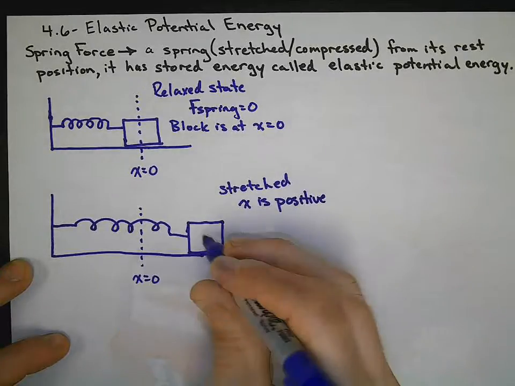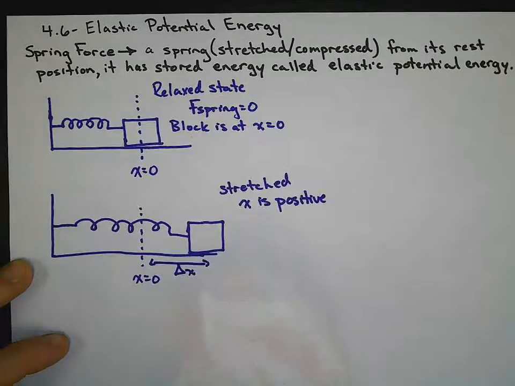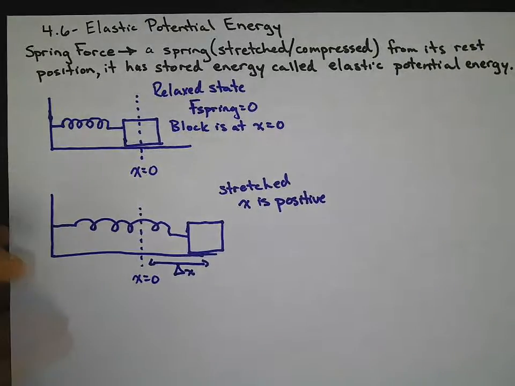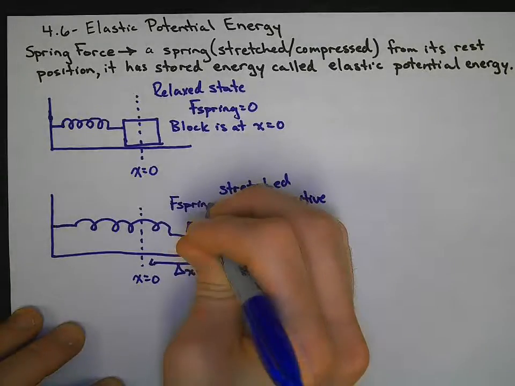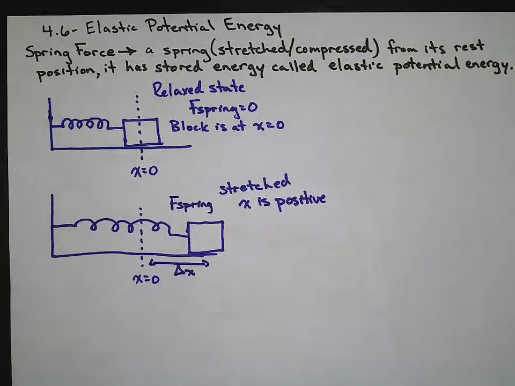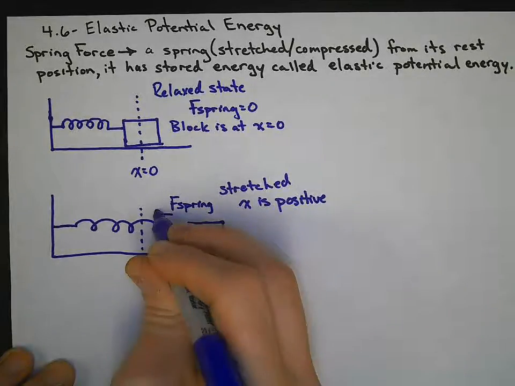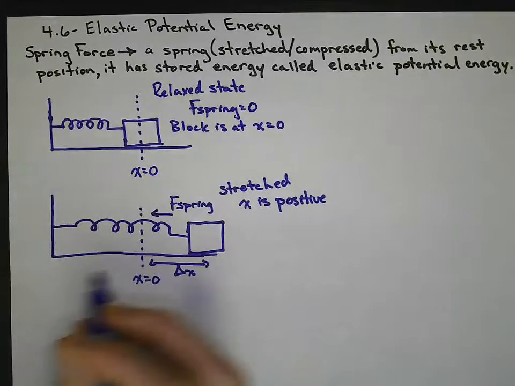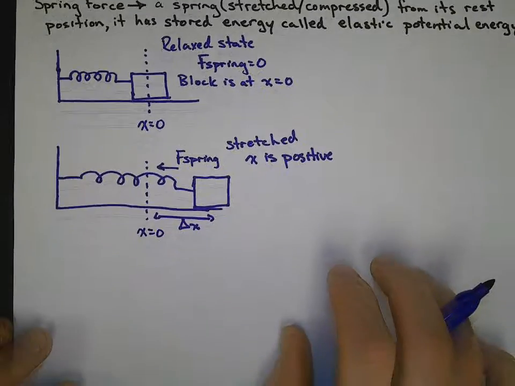And we see from the resting position that we have this displacement to the middle of the block at delta x. However, which way is the force of the spring going? Usually what the spring would like to do is go back to its relaxed state, its resting position. So our spring force is going to go back towards the left, towards x equals 0.